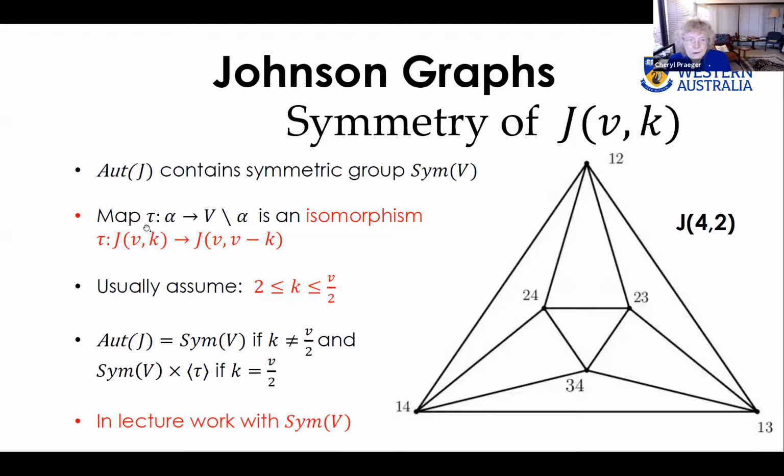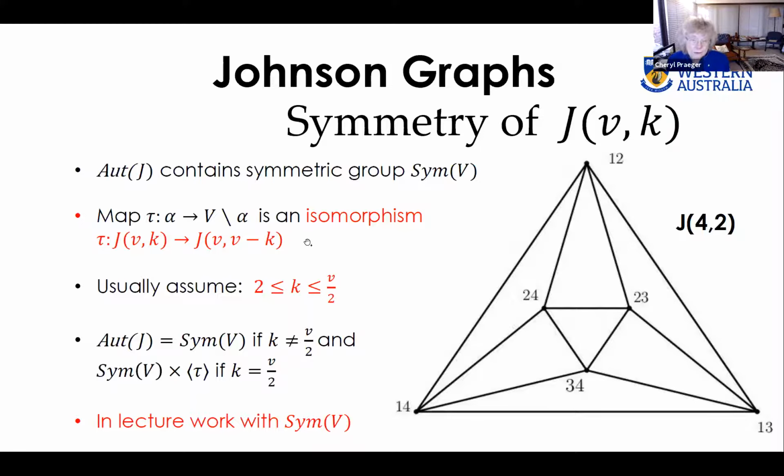Let's call it tau, the map that complements every subset. So every subset of V gets mapped to its complement, and in particular, every K set gets mapped to its V minus K point complement. This induces a graph isomorphism from J(V,K) to J(V,V-K). Because of this, we usually will assume that K is at most V over 2.